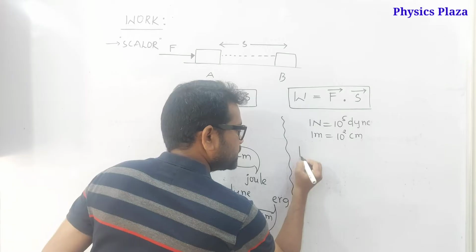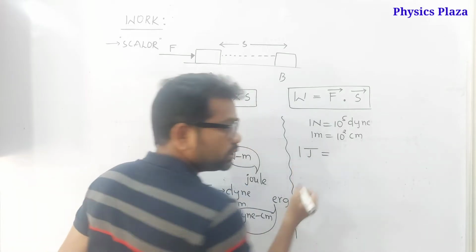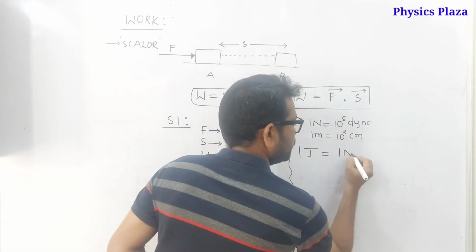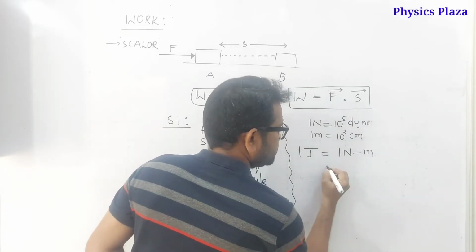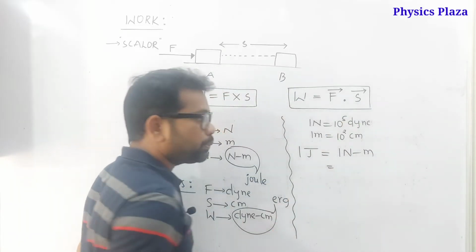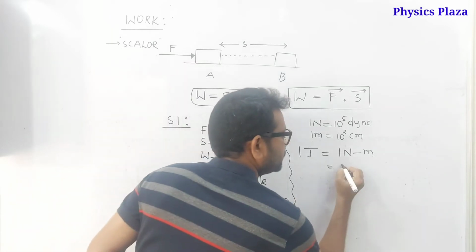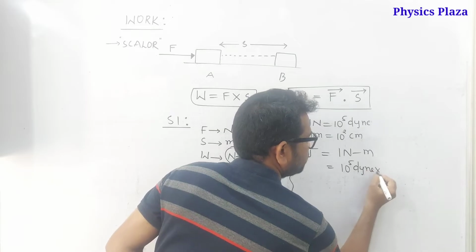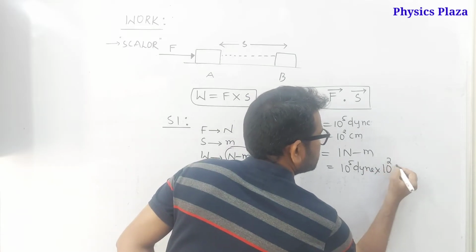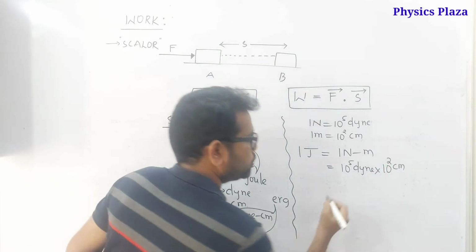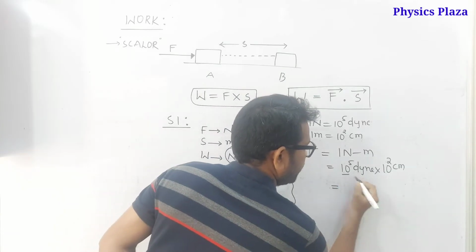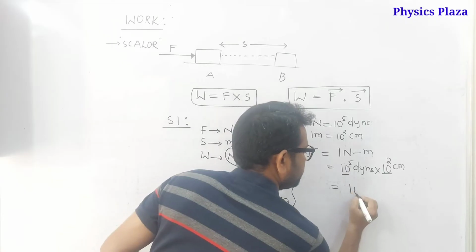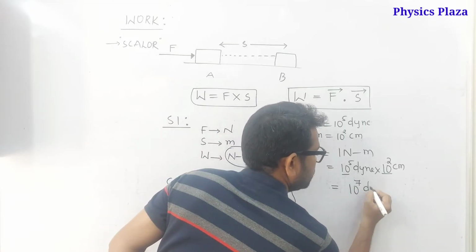So now, 1 joule is equal to 1 Newton meter. In the place of Newton, can we substitute 10 power 5 dyne? Of course we can. That is 10 power 5 dyne into, in the place of meter, 10 square centimeter. So 10 power 5 into 10 power 2 is 10 power 7 dyne centimeter.